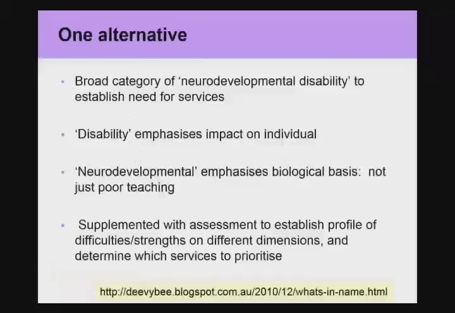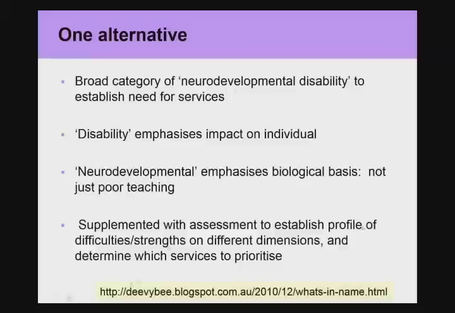What's the alternative? Gillberg would say we should be recognising ESSENCE, and I think he's right, only I wouldn't call it that. But I would say we could talk about neurodevelopmental disability, which would be a very broad category, including loads of stuff, but you wouldn't stop there. You would supplement it.